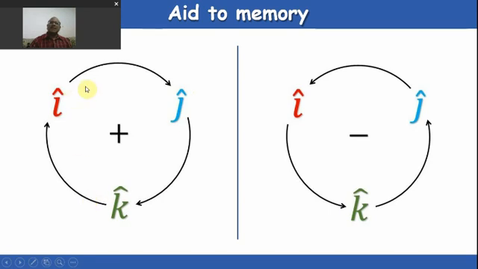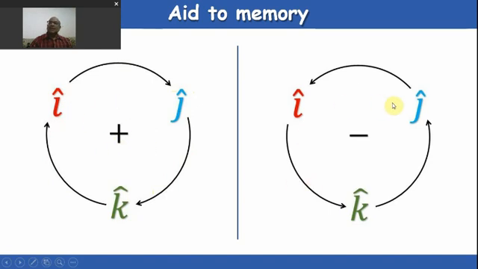So if we multiply i cross j, the result will be plus k. j cross k, the result will be plus i, and k cross i, the result will be plus j. You can see that the plus sign is there.